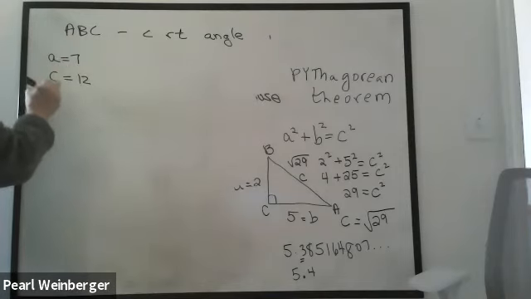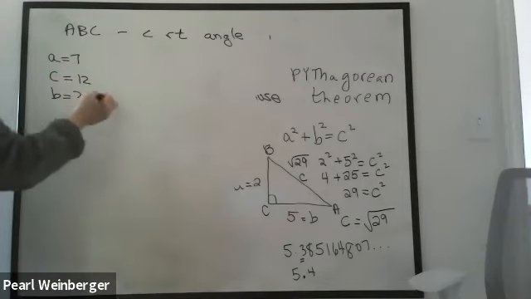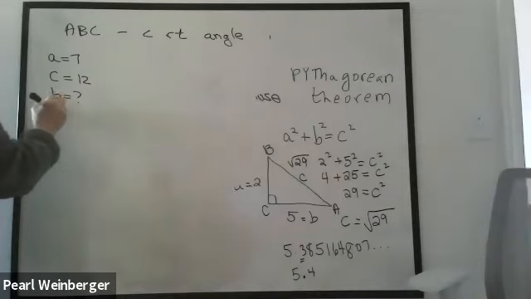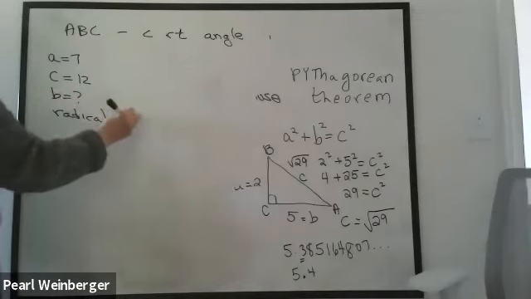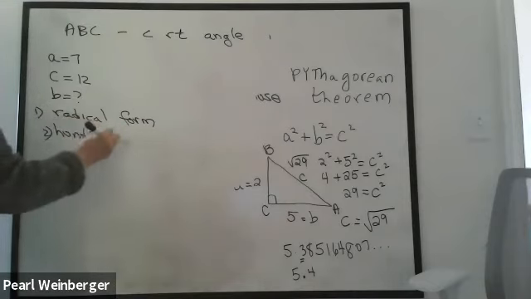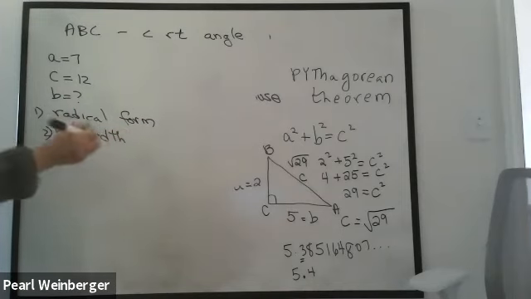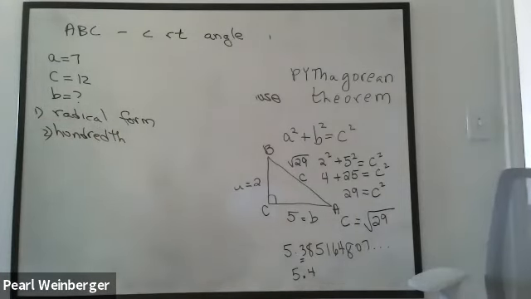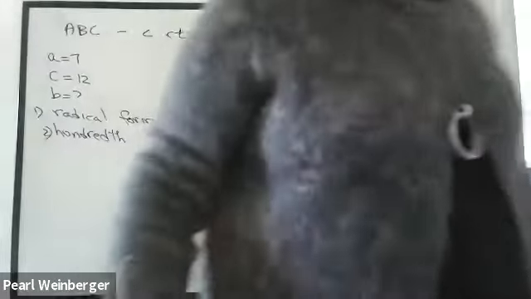I want you to find B, both in radical form and to the nearest hundredth. Remember, hundredths means 2 decimal places. Okay, I'm going to give you a few minutes to try that while I take attendance.